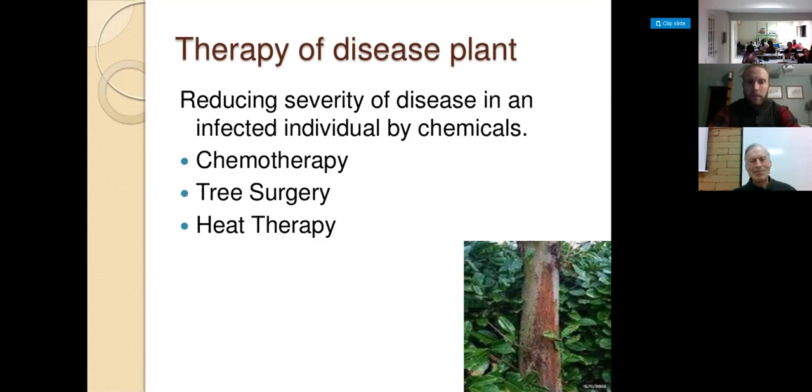Therapy. Tree surgery, this is a funny slide. With tree surgery, there are some diseases that will start out in one part of the tree, and if you catch that early enough, you can prune off that branch and keep it from spreading to the rest of the tree.